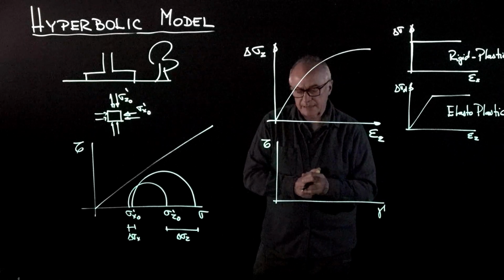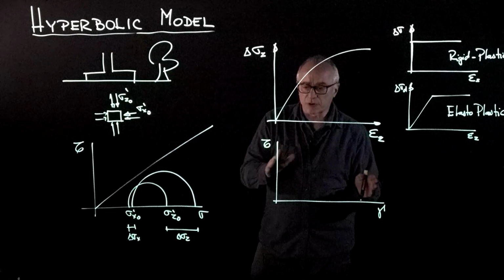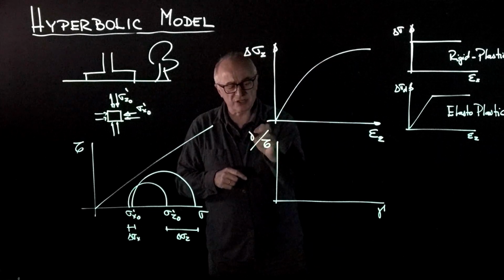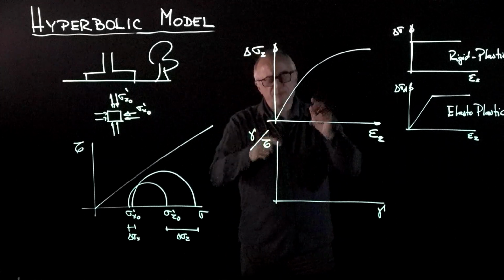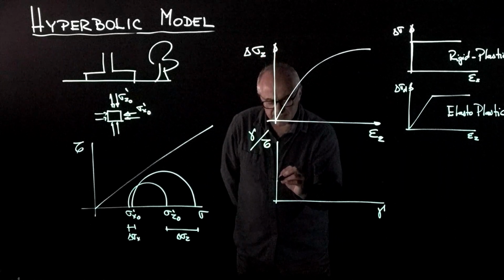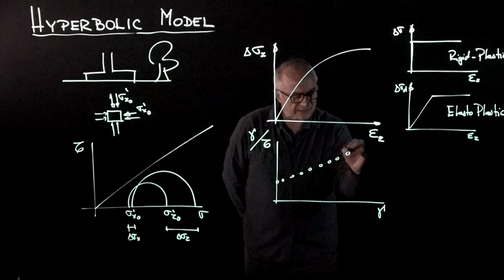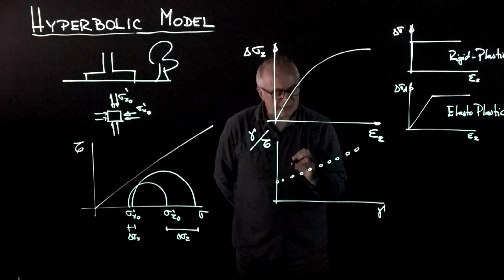Now, if instead of plotting it in this form, we actually plot gamma, the shear strain, over the shear stress, for this type of behavior, the data begins to follow pretty much a straight line. It's surprising for any material until peak, any soil.